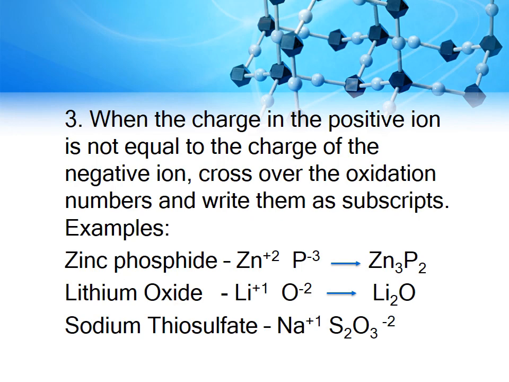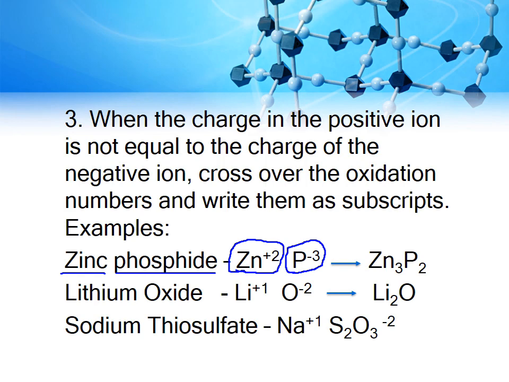We have here examples. First, we are asked to write the chemical formula of zinc phosphide. According to the first rule, we will just write the symbol of the element and its oxidation number. So with zinc, we have here Zn positive 2. For phosphide, which is the negative ion, we have P negative 3. You notice that the oxidation numbers of zinc and phosphide are not equal.